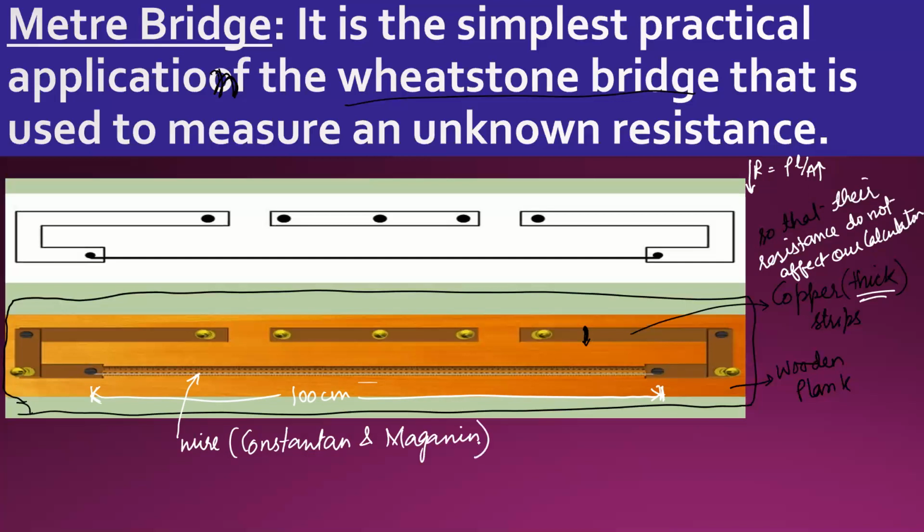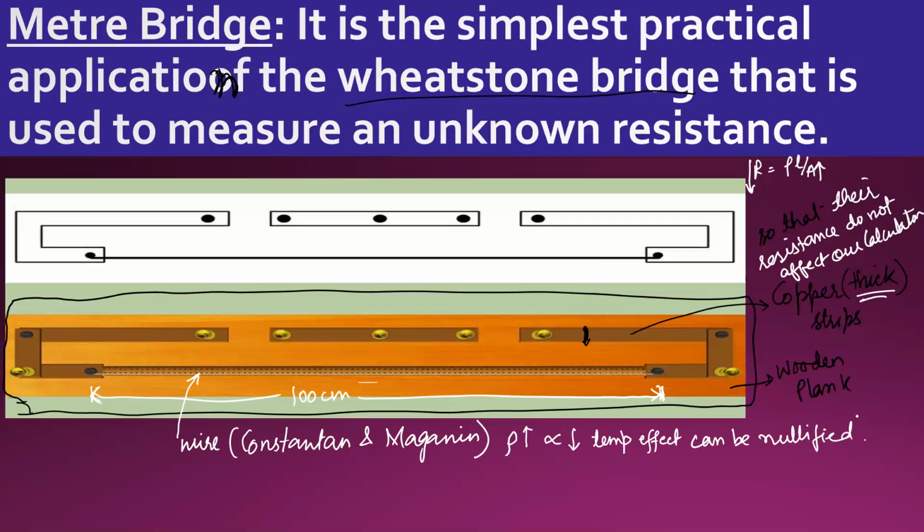Why are we using the wires of constantan and manganin? Because their resistivity is very high. Their alpha, the temperature coefficient, is very low. If their alpha is very low, that means the temperature effect can be nullified.